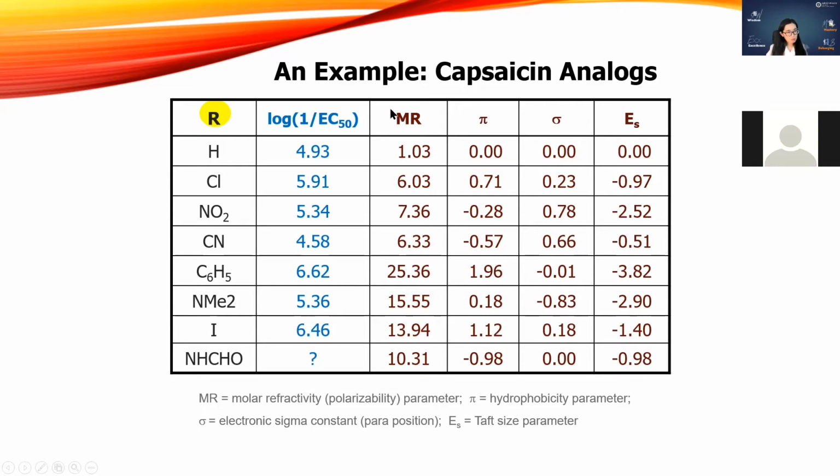And then you have many values of X, such as MR or molecular refractivity, pi, which is the hydrophobicity parameter or how hydrophobic they are, the electronic sigma constant, like here, and the size parameters.